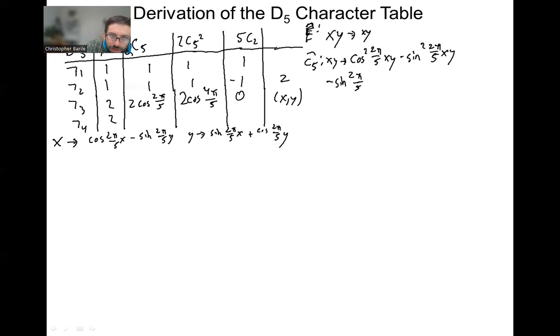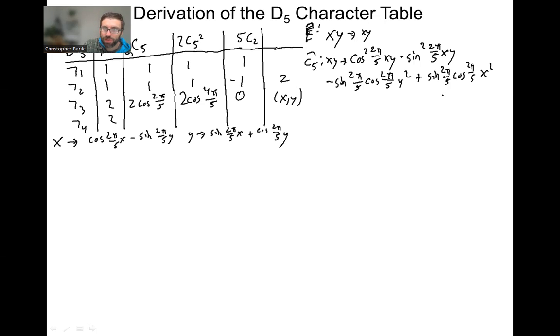Sine 2 pi over 5 y times cosine 2 pi over 5 y gives us sine 2 pi over 5 times cosine 2 pi over 5 y squared. And then our 2 x terms, plus sine 2 pi over 5 times cosine 2 pi over 5 x squared.